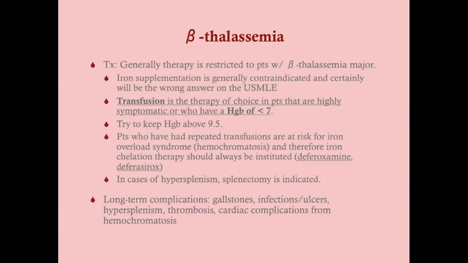Transfusion is the therapy of choice when a patient has symptomatic thalassemia or if they have a hemoglobin of less than 7. Our goal with alpha or beta thalassemia is to try to keep the hemoglobin above 9.5. This becomes more important when patients become older, because as you become older, your heart weakens a little bit, and your heart relies on oxygen.